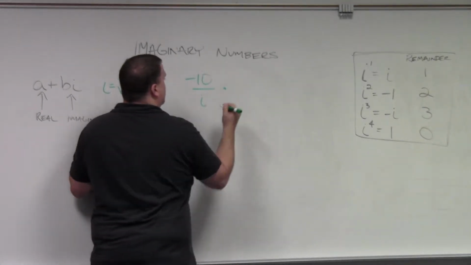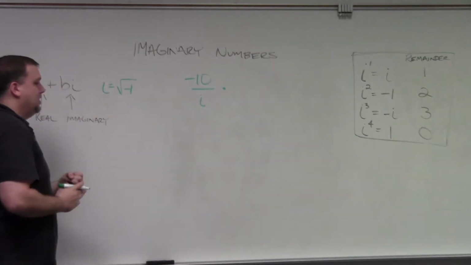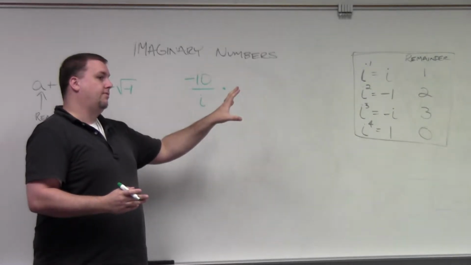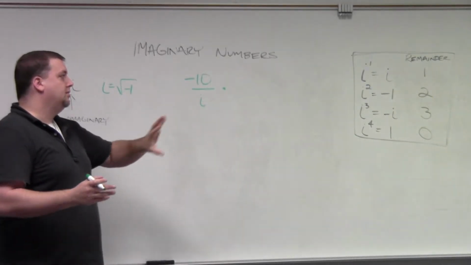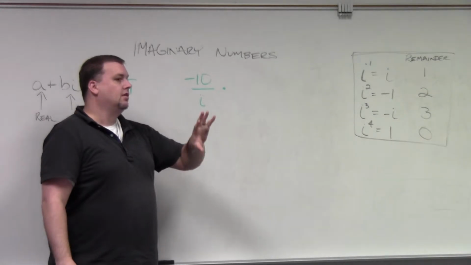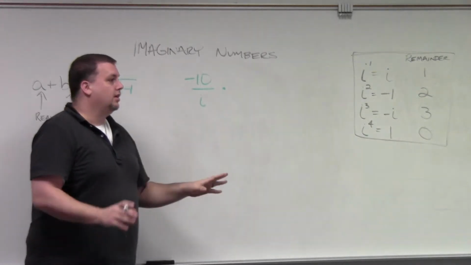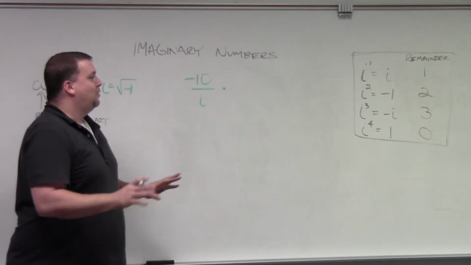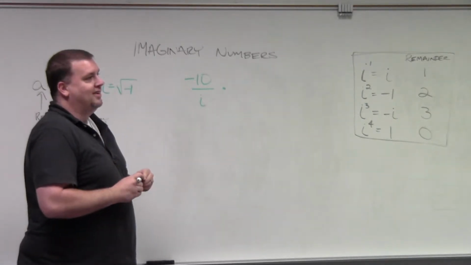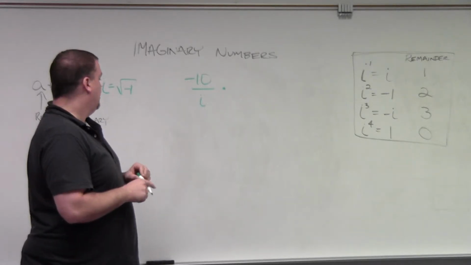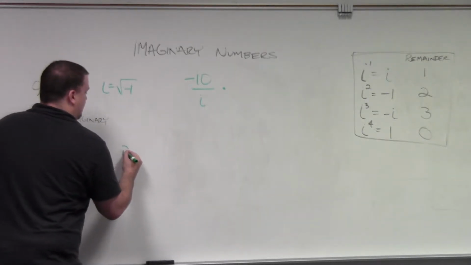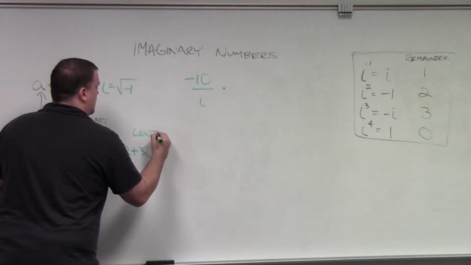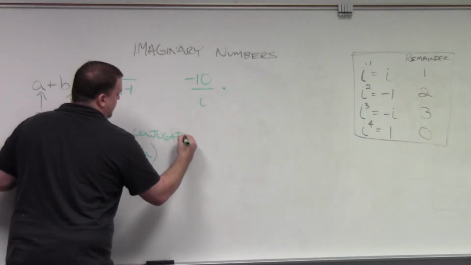With imaginary numbers, the way you want to get rid of them is by using the conjugate. There's difference of squares from factoring. Well, difference of squares using complex numbers, they're called conjugates. They're not called difference of squares. Okay, don't get confused about conjugal visits or anything like that. We're talking conjugating, right? It's a totally different word. A conjugate is like when we had 2 plus 3i, the conjugate, and it's spelled just like when we conjugate verbs in English.